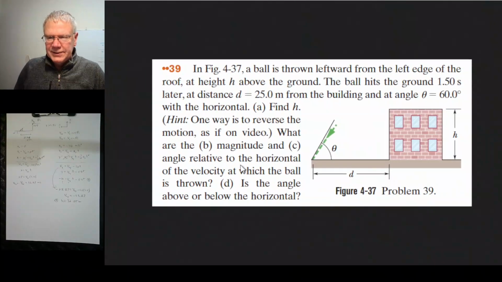There were a couple other points on here. We need to find the magnitude, and we need to find the initial angle and velocity, which I think we've already done basically.